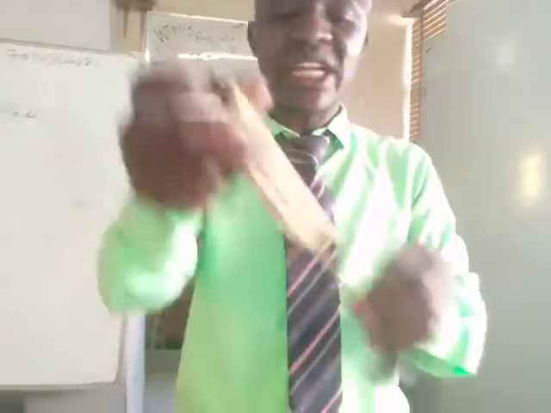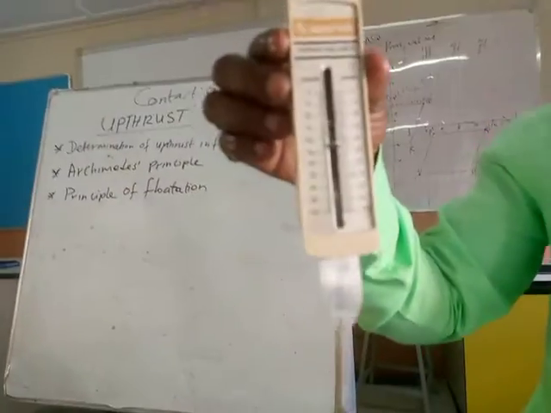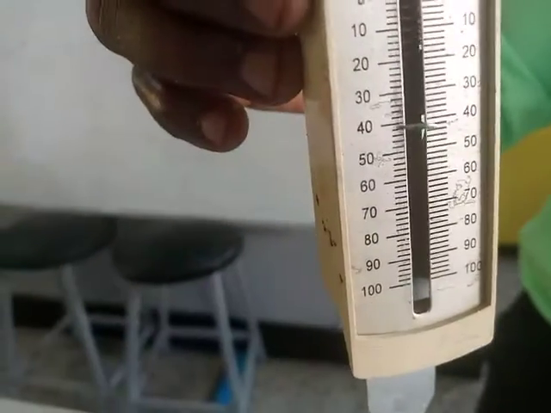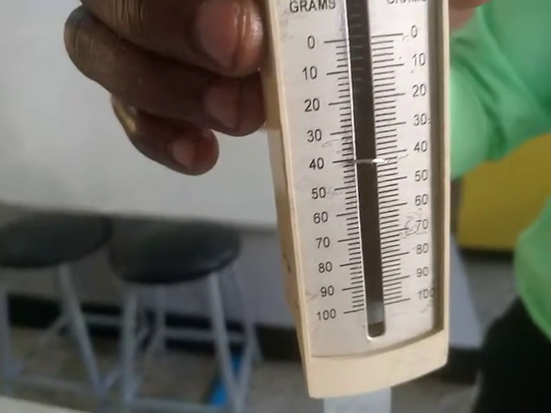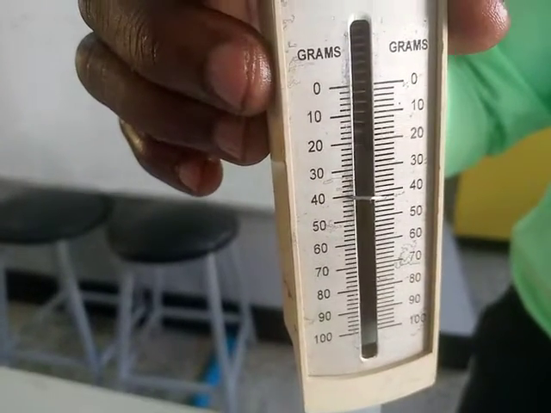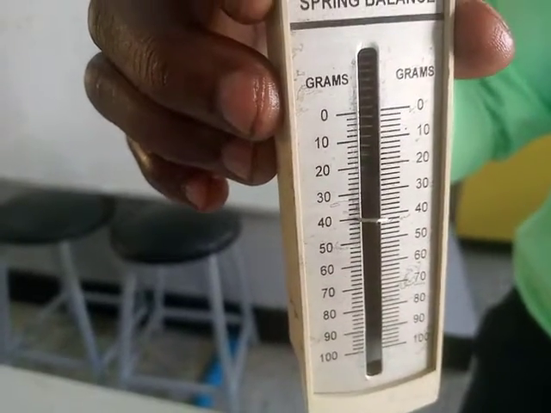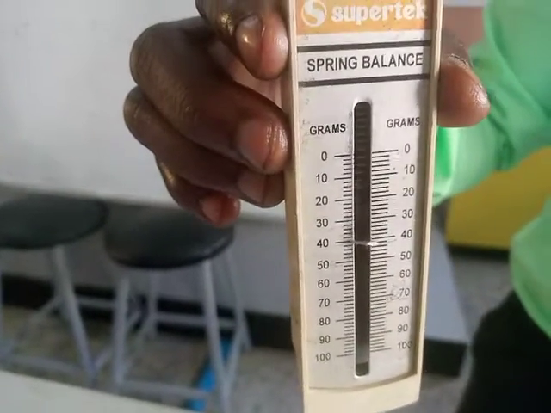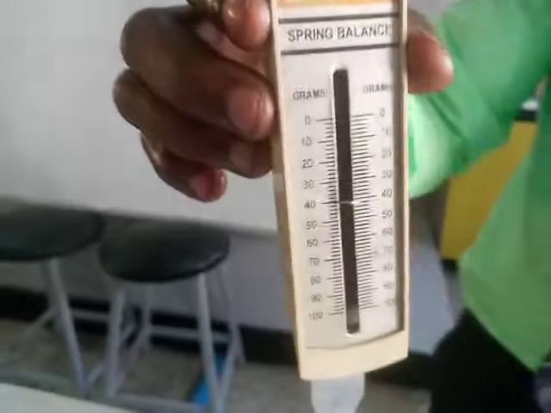Now, let's try to dip it inside water and see if the weight will still remain the same or if there will be a difference. The weight now is 40 grams. So the weight is 40 grams when it is in water.